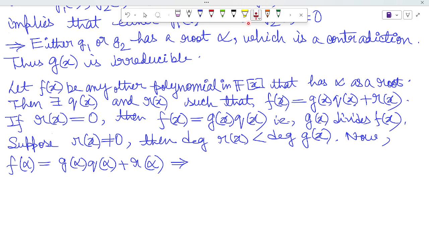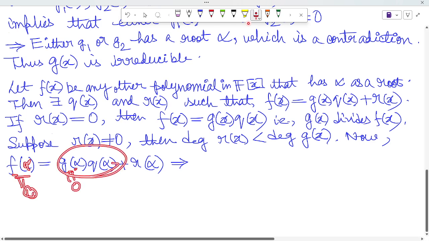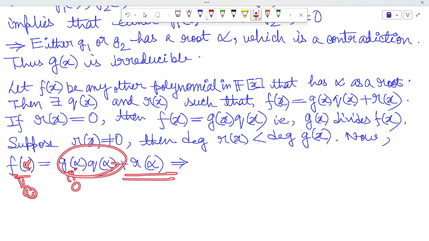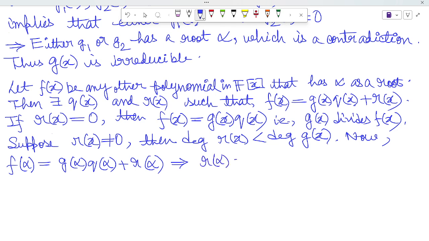See, alpha is a root of g because g is the minimum degree polynomial which has a root alpha, and f is any polynomial that has alpha as a root. So both polynomials are satisfied by alpha. So this is zero, this is zero, the whole product is zero. So zero equals r(alpha). That implies r(alpha) equals zero.